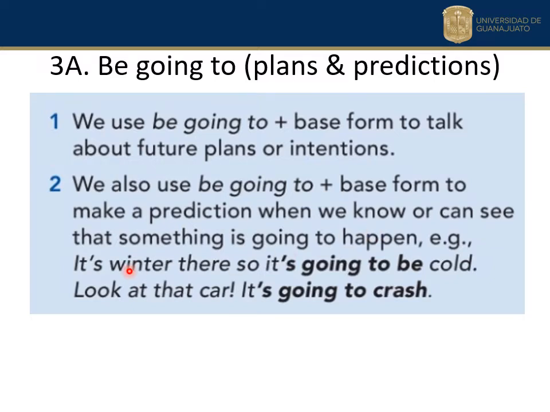For example, it's winter there, so it's going to be cold. The other example says, look at that car, it's going to crash. Okay, so we can use it for predictions or plans, okay? Remember this part.